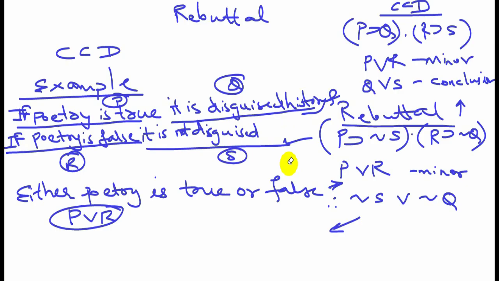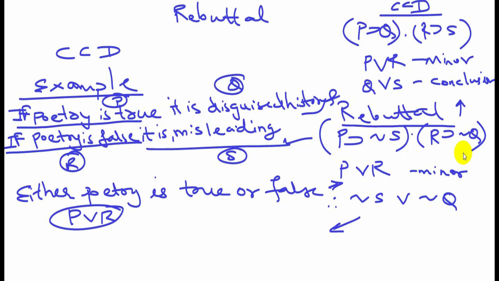This should have been: if the poetry is false, it is misleading. Okay, so either poetry is true or false. This is minor premise.